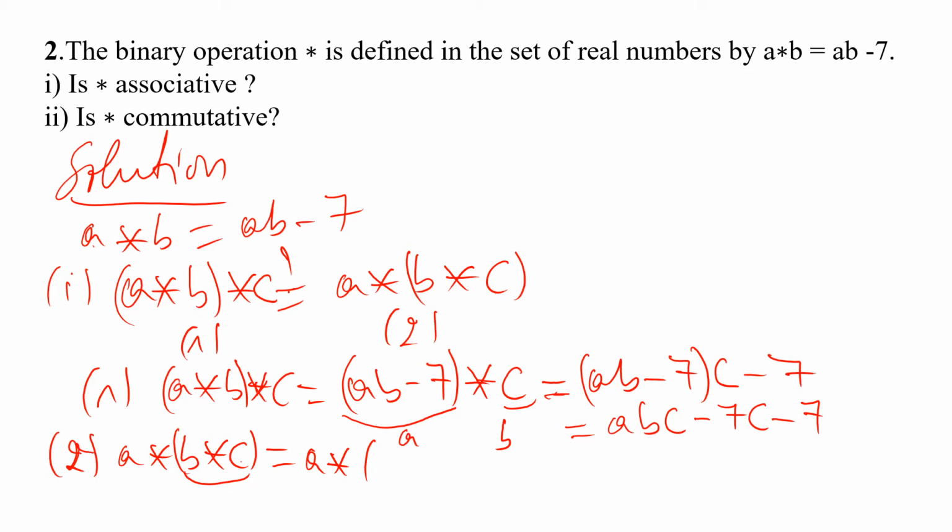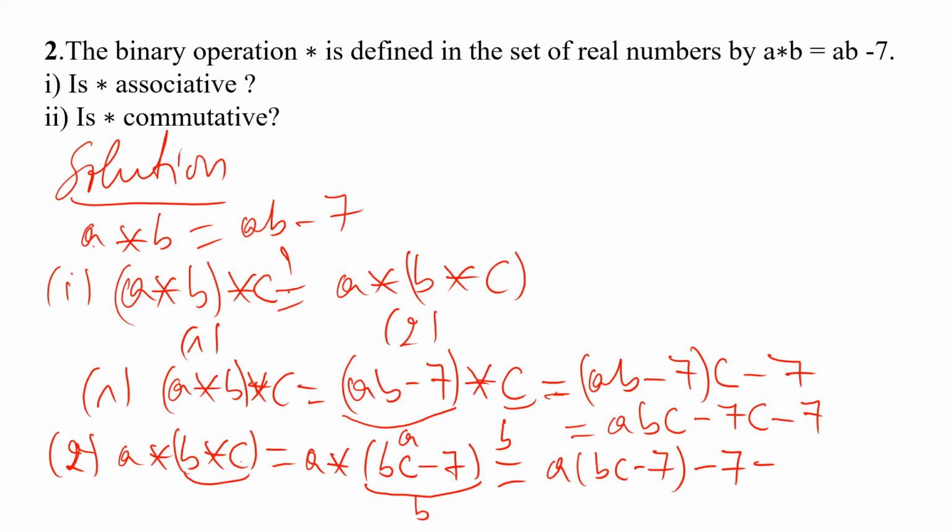Now get bc minus 7 equals to, now we take this one as b equals to a(bc minus 7). It is a, bc minus 7 minus 7.